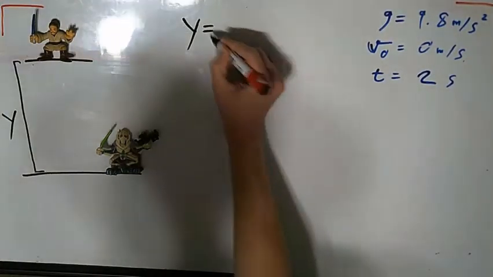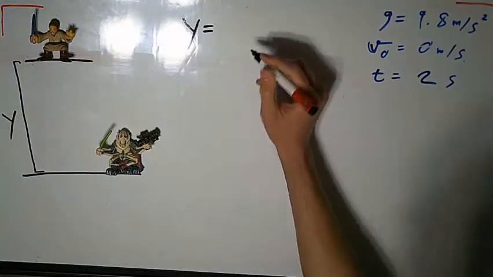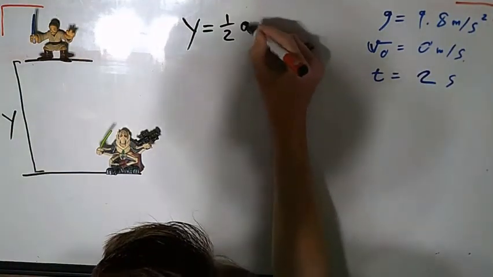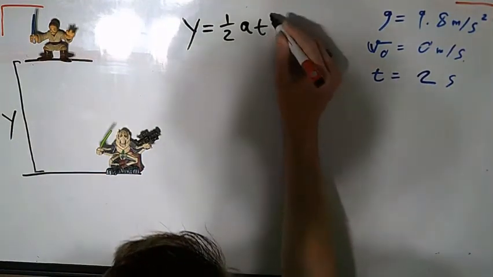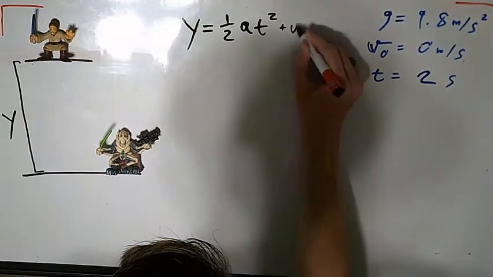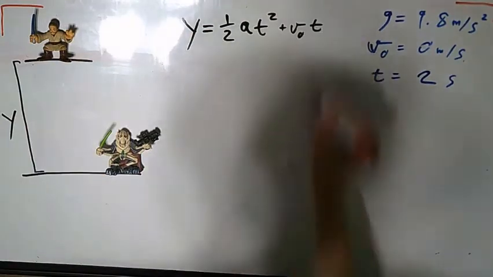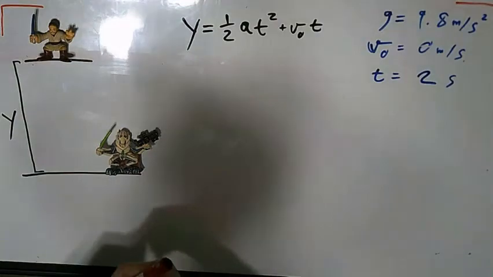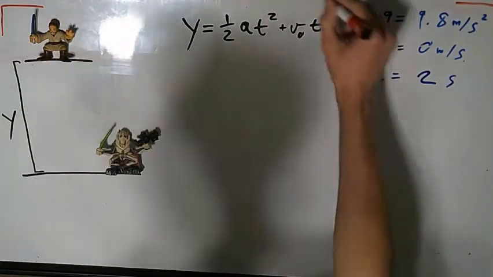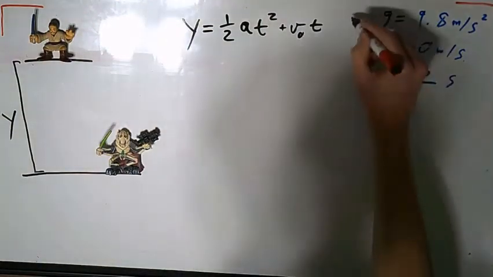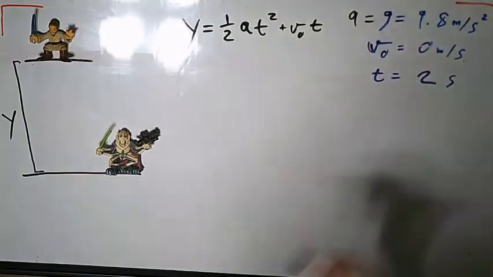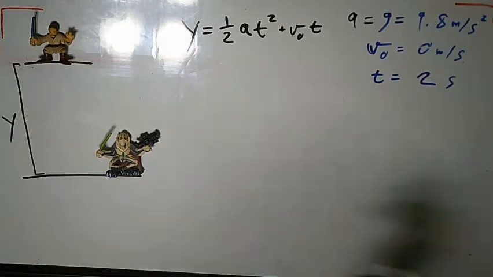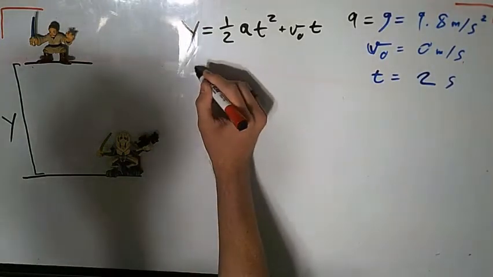Now let's go to the equation. y equals 1/2 acceleration times time squared plus initial velocity times time. I forgot to mention this before, but our acceleration is gravity. Gravity is what's causing it to fall, and gravity is actually an acceleration in this problem.